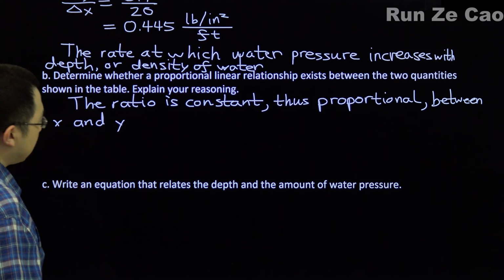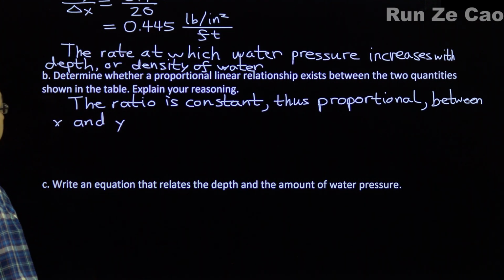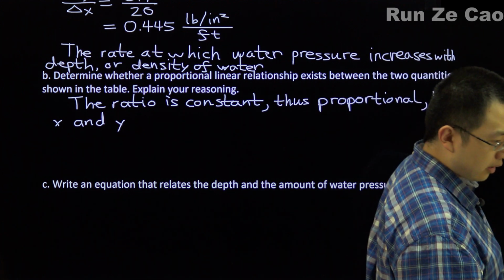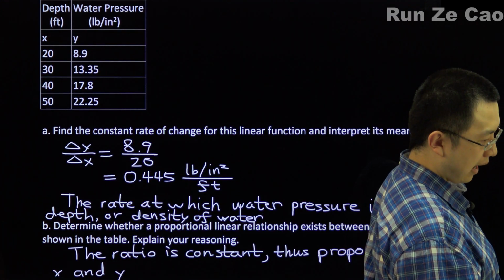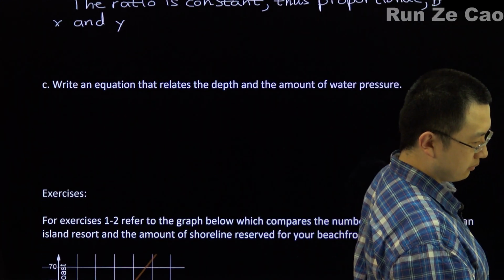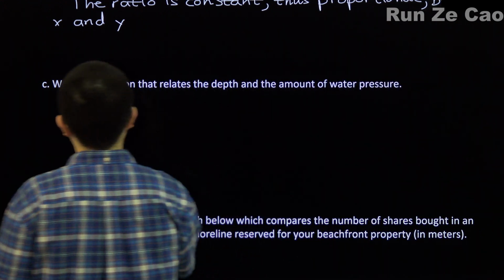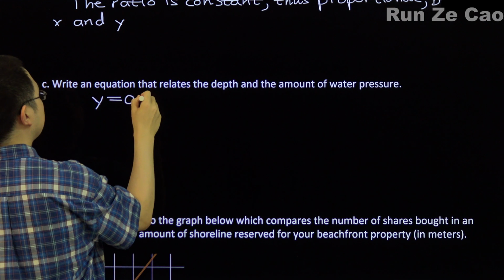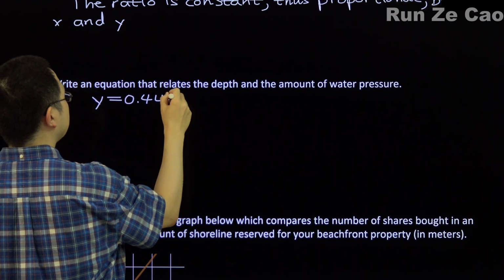Write an equation that relates the depth and the amount of water pressure. So the depth is x and the water pressure is y. So y is equal to 0.445x.